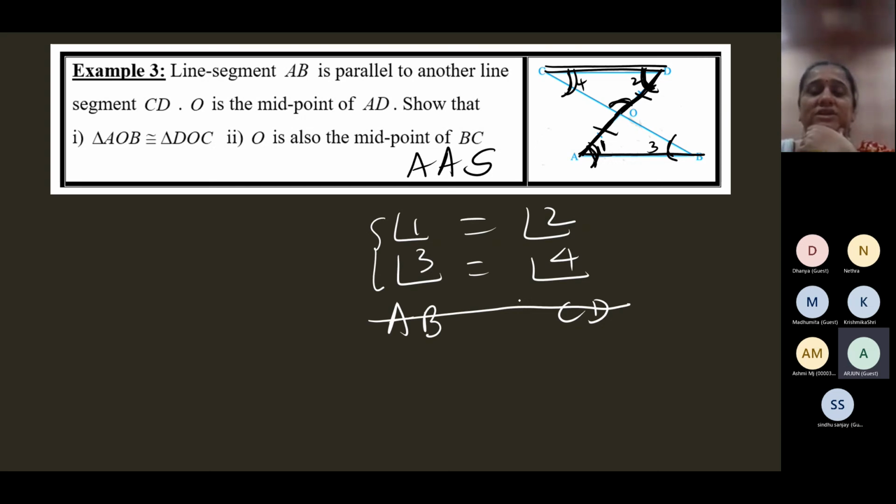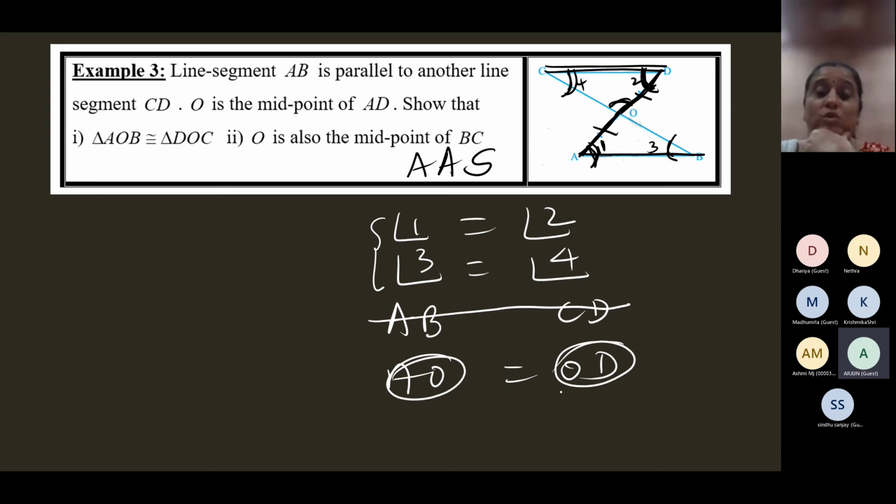What we know is that AO of the first triangle is equal to OD of the second triangle. This is not the included side. So this is AAS: two angles and some other side, not the included side.